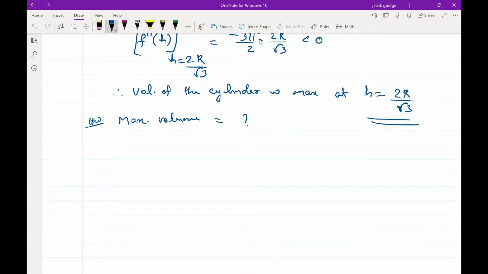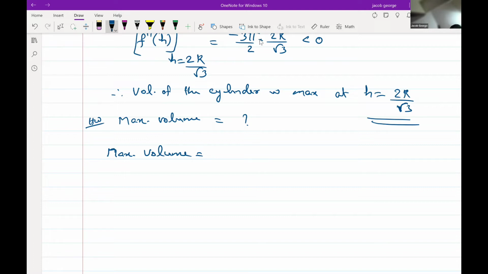So I will write those calculations here. Maximum volume is equal to, you will copy that volume expression. Volume we have simplified in terms of h. What was that? Pi r square h minus h cube pi by 4.